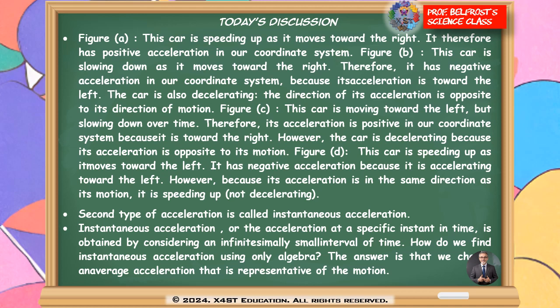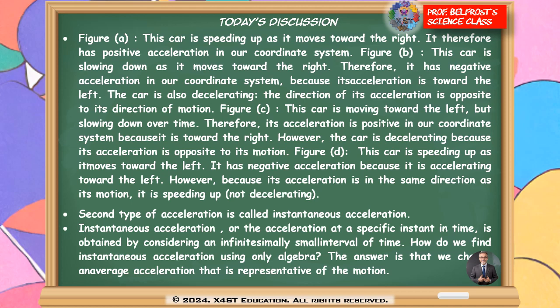However, because its acceleration is in the same direction as the motion of the car, it is speeding up, not decelerating. So speeding up, slowing down, accelerating, decelerating, these are not the same. Please don't use them interchangeably, because you'll come to a situation where you mix them up and fail your exam. Very important.